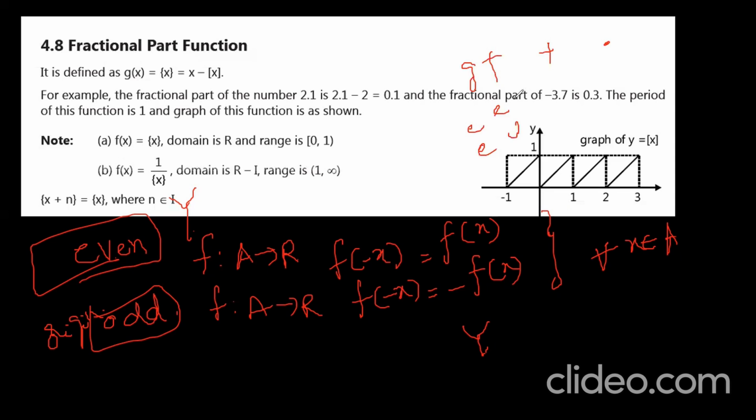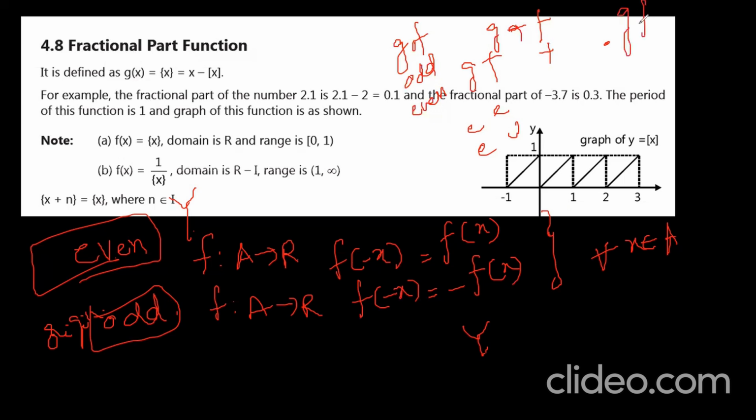Only for odd and odd functions you are getting odd for g circle f; for the remaining all you are getting even. Whereas for g plus f, even and even you are getting even, odd and odd you are getting odd, and odd and even if you interchange you are getting neither.